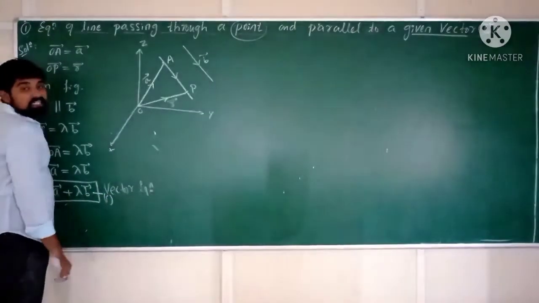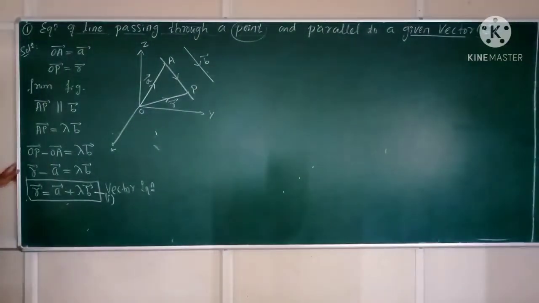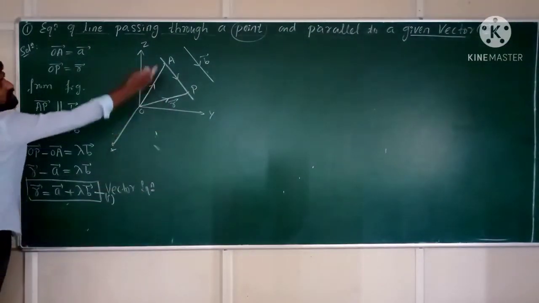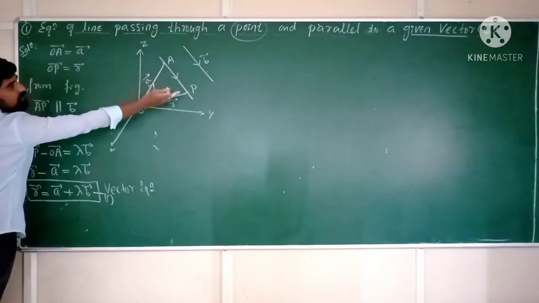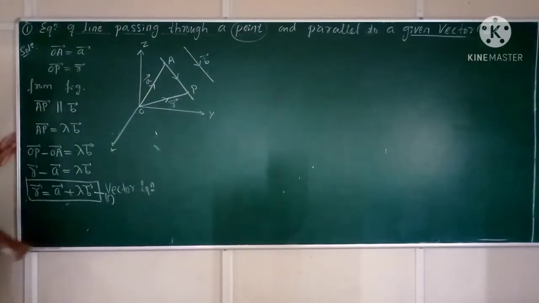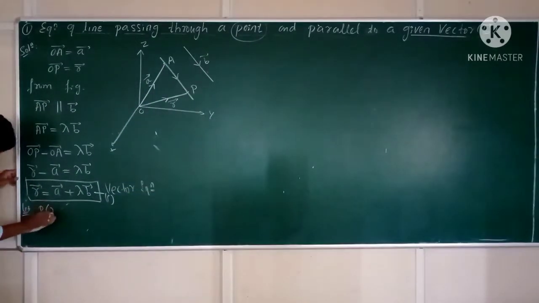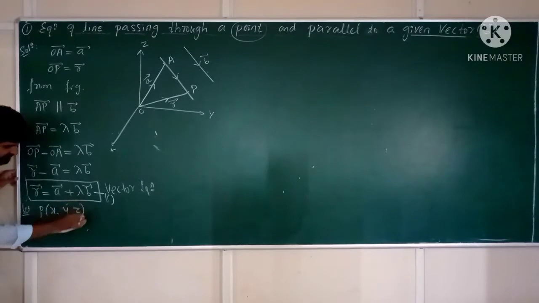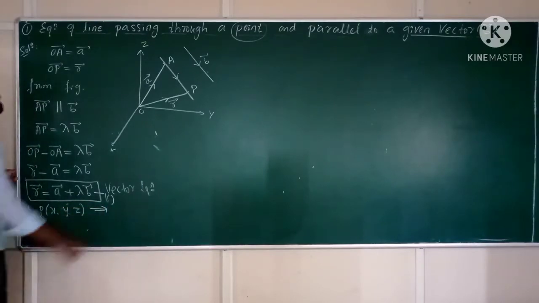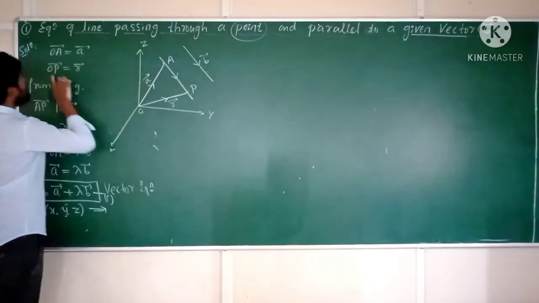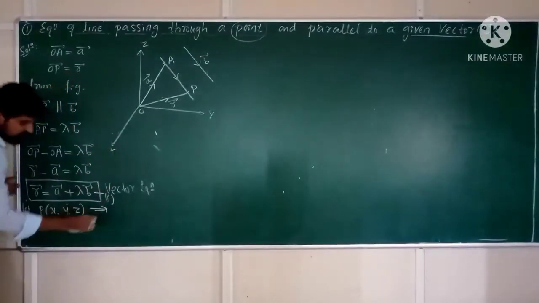Now for finding the Cartesian equation, let us consider the coordinates of the points A and P in the Cartesian form. Let the Cartesian coordinates of the point P be x, y and z, which implies that the position vector of the point P is OP vector, defined by R vector.